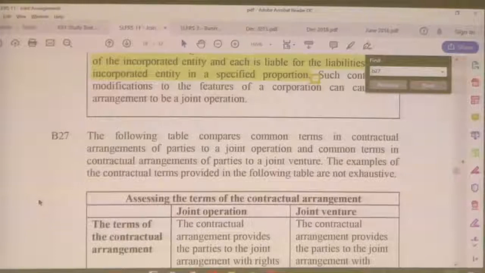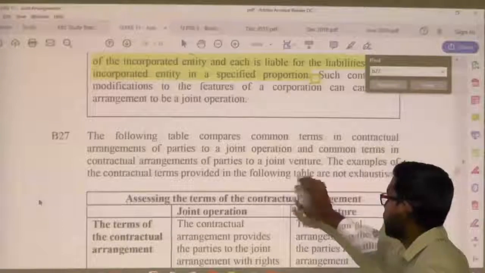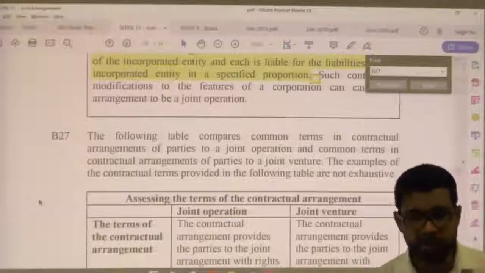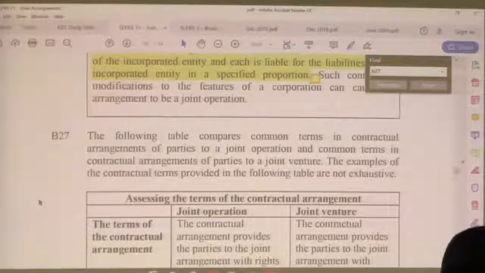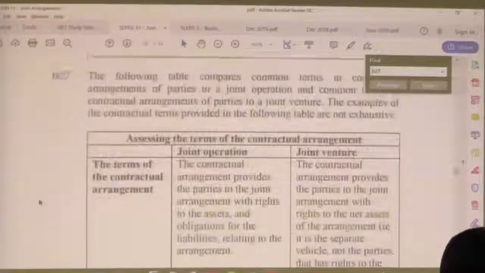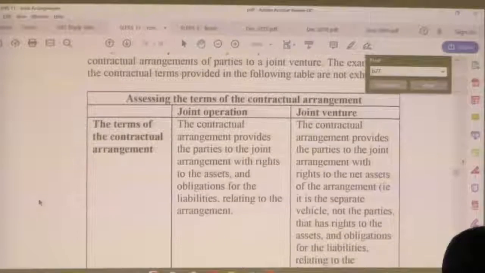The examples of contractual terms provided in the following table are not exhaustive. These are the actual contractual terms provided in the following table for joint operation and joint venture, right? Fine, read it. Assessing the terms of contractual arrangement for joint venture and joint operation.